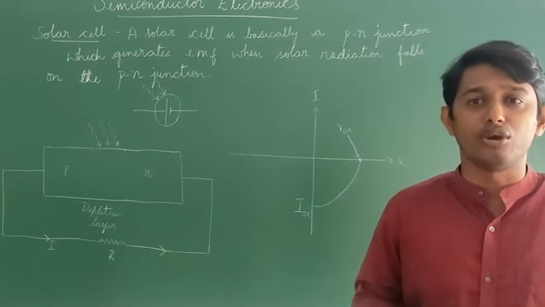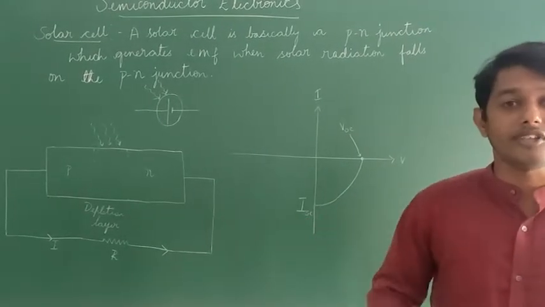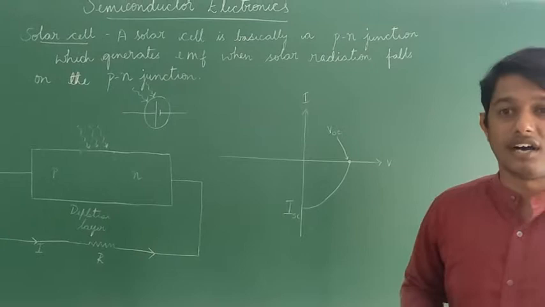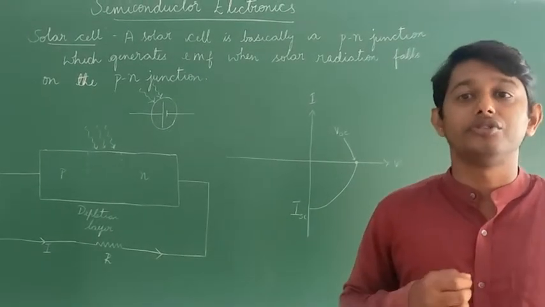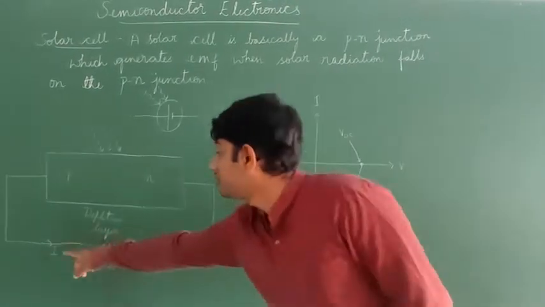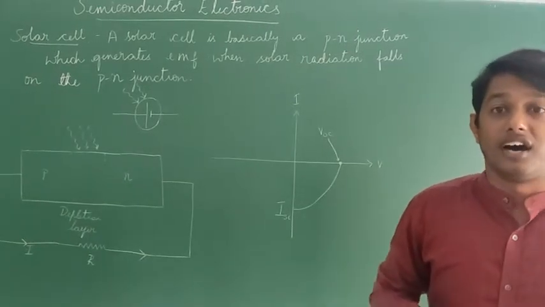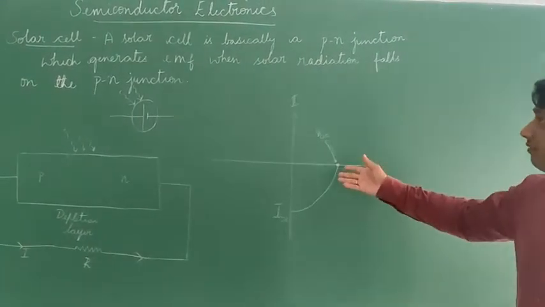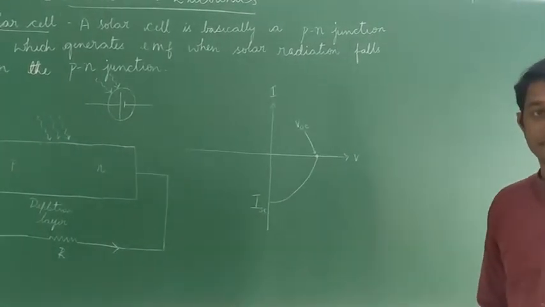When an external load is connected as shown in this figure, a photocurrent I flows through the load resistance R. The IV characteristics for this photocell is given here.